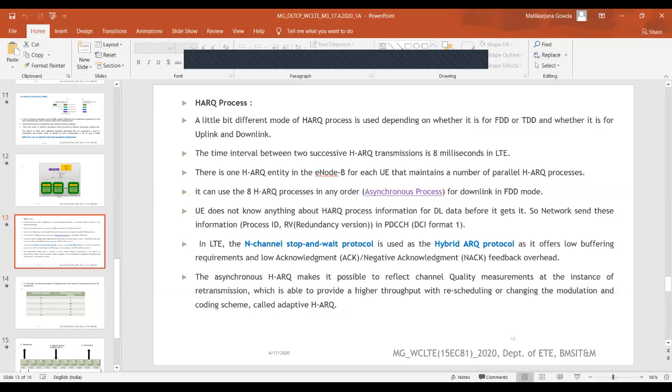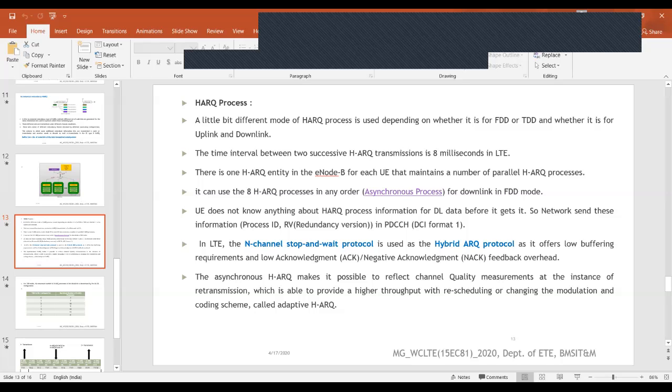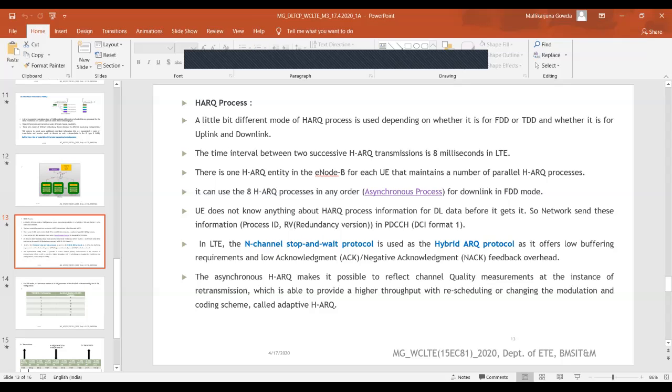So that information will be sent through PDCCH, that is physical downlink control channel. Even it need not be in order. Means the processes, as I have written, hybrid ARQ process 1, 2, 3, and so on, those processes need not be in order for this asynchronous process.